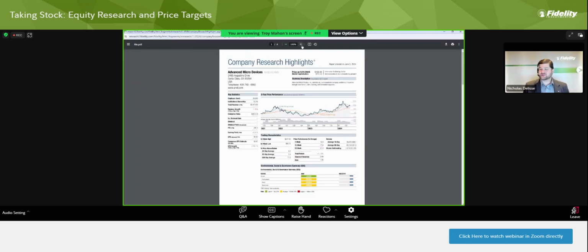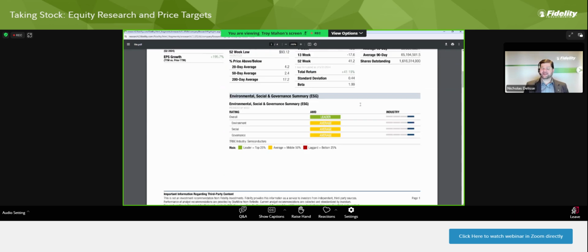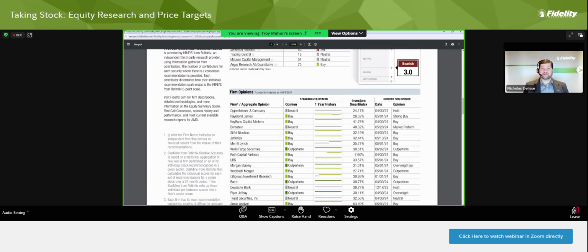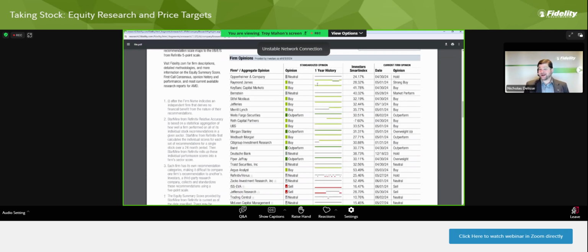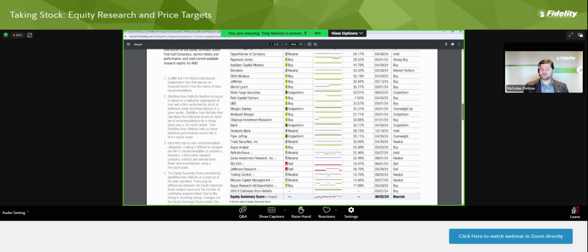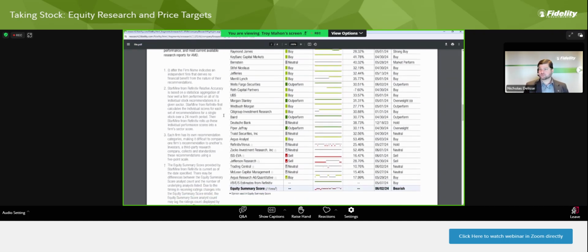Now, some of these firms on this list, Merrill Lynch, Morgan Stanley, and such, we do provide their opinions, but we don't have their research. If you want Morgan Stanley's research or Merrill Lynch's research, they're a full service brokerage firm, so you get their research by having an account there and paying for that account, just like other sell side analysts that are selling you their research.